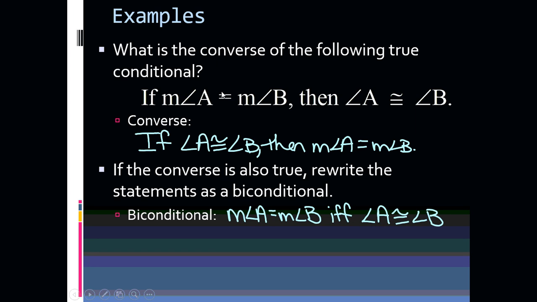If the converse is also true, rewrite the statement as a biconditional. So the biconditional will be: measure of angle A is equal to measure of angle B if and only if angle A is congruent to angle B. Basically you are combining these two, writing this part, and instead of "then" you write IFF.